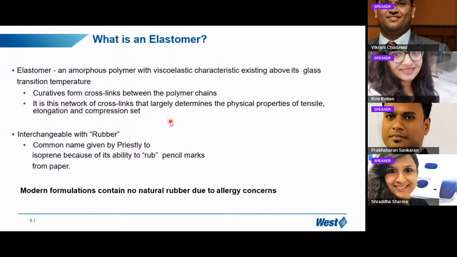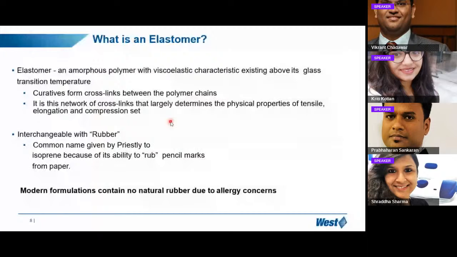That's the reason we call it elastomer or rubber. The rubber gets elongated on stretching and gets back to its original dimension on removal of stress. When you apply stress, your rubber gets stretched, and when you remove the stress, it returns to its original position.